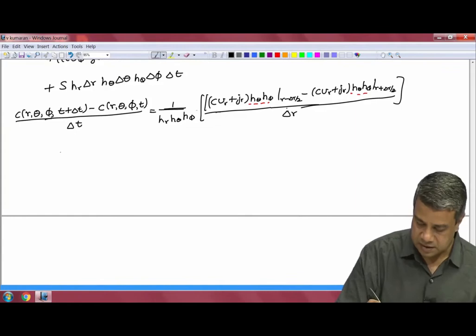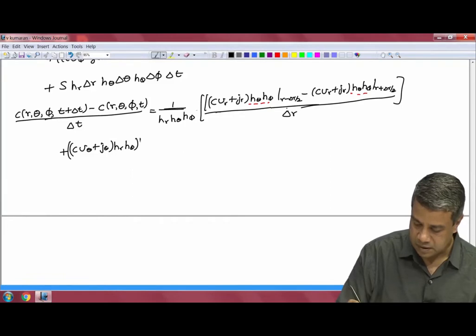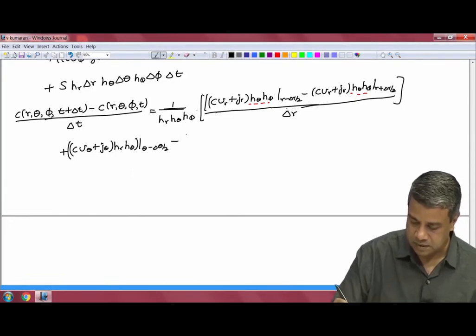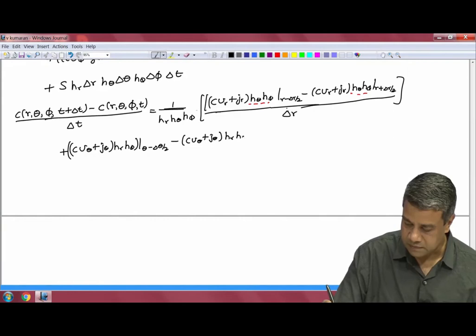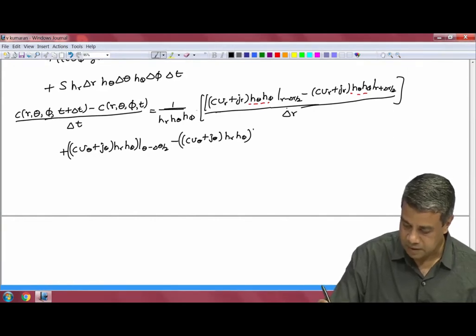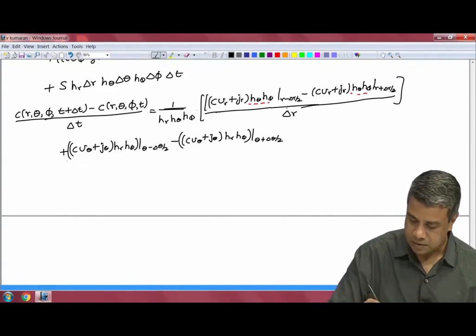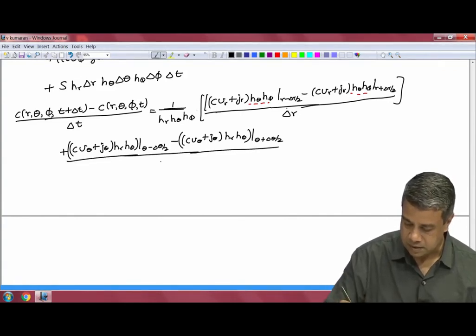The second term is going to be equal to C V_theta plus J_theta into h_r h_phi at theta minus delta theta by 2, minus C V_theta plus J_theta h_r h_phi at theta plus delta theta by 2, the whole divided by delta theta.